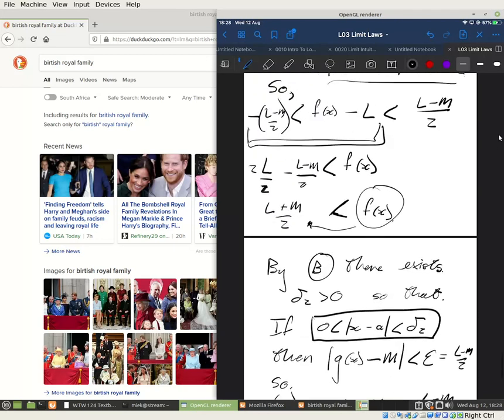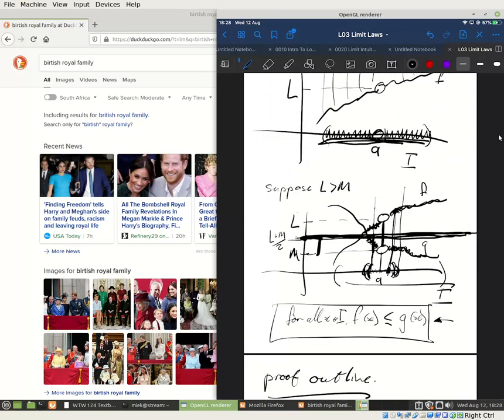So if we go back here to our diagram, we see we can find an interval centered at a with radius delta 2, so that the values of g are always smaller than the average of L and m.